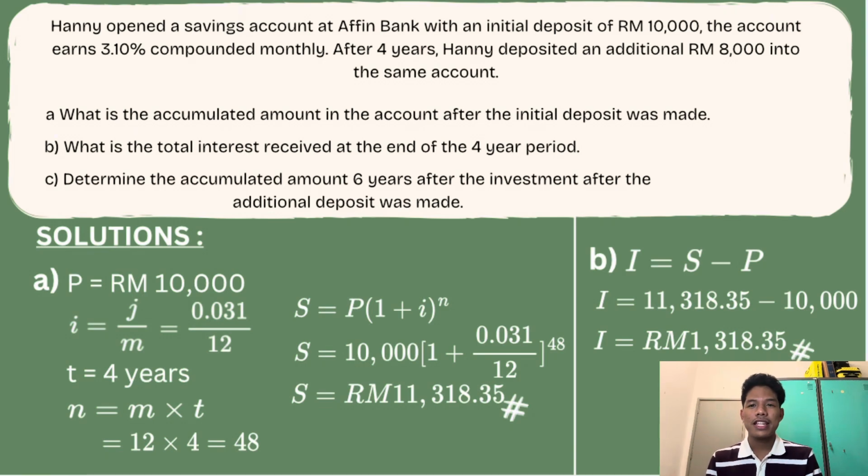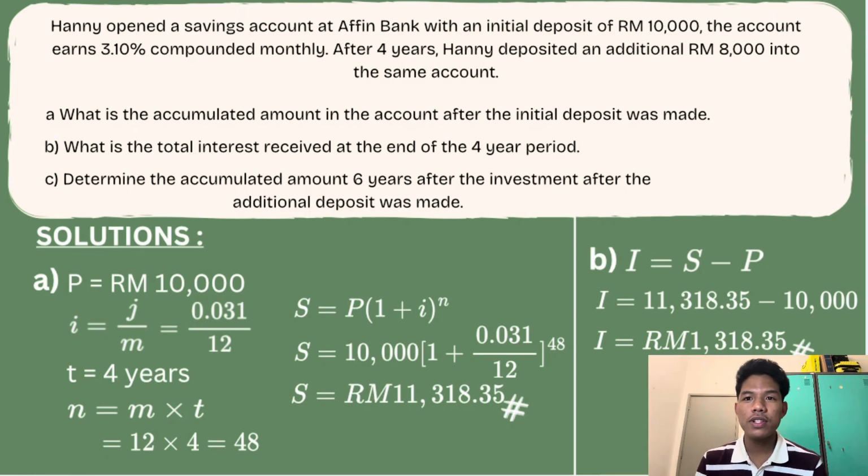So the solution is P equals RM 10,000, i equals 0.031 over 12, t equals 4 years, and n equals m multiplied by t, 12 multiplied by 4 equals 48. The formula we need to use is S equals P (1 + i)^n.